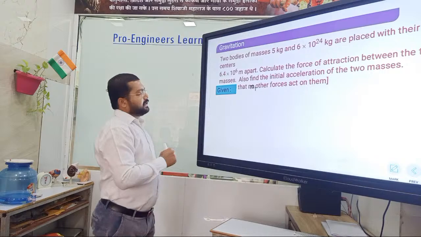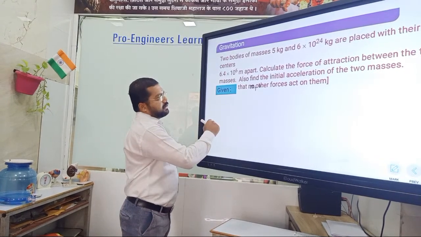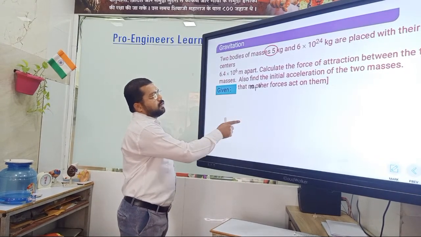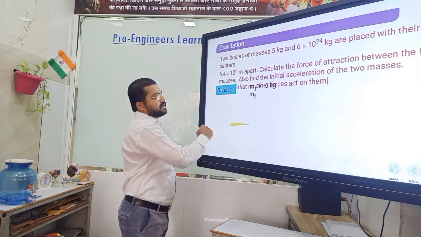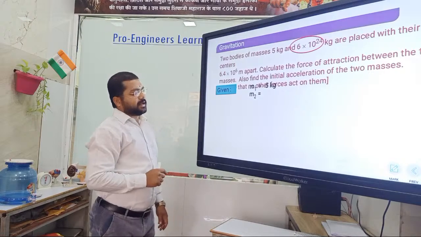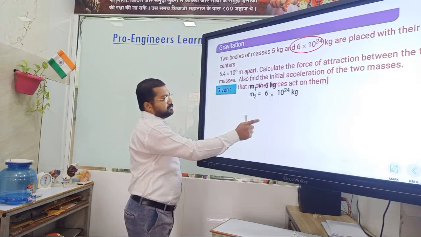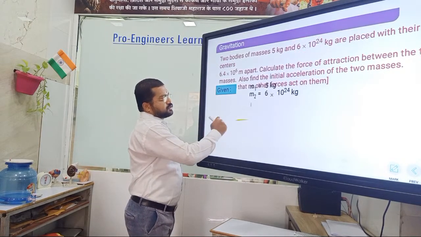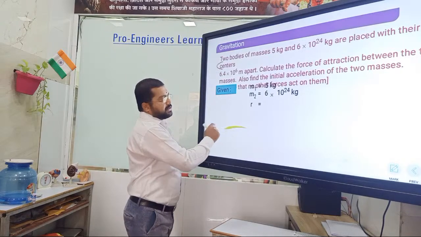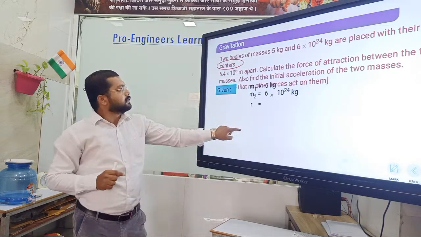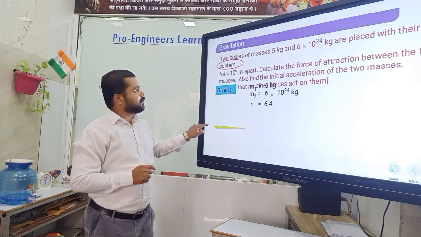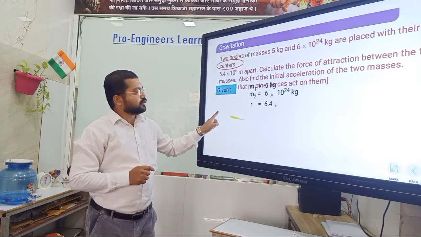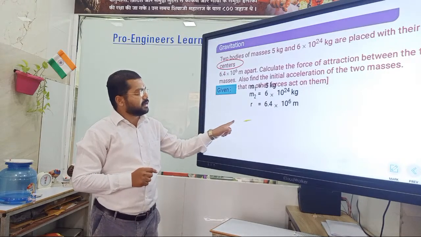Now, in this, m1 is equal to 5 kg and m2 is 6 into 10 raised to 24 kg. Now r, the distance between their centers, is given as 6.4 into 10 raised to 6 meters.